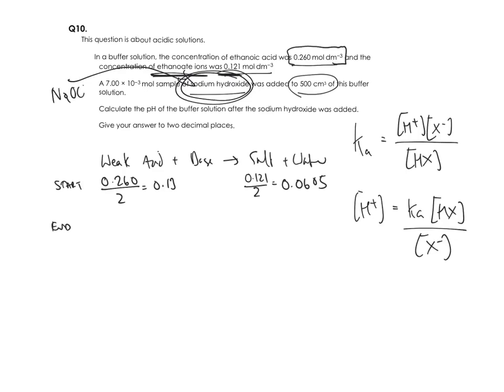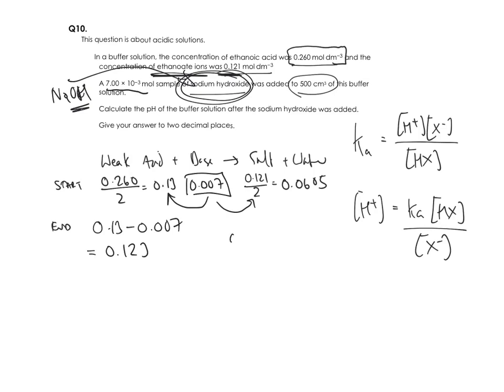So this is NaOH. So you are just adding one OH minus ion per mole of the alkali. So we only have to worry about the fact we're adding 0.007, so 7 times 10 to the minus 3 of base. So we're going to take that away from the acid, and we're going to add it to the salt. So that at the end, we've got 0.13, take away 0.007, which gives us 0.123.